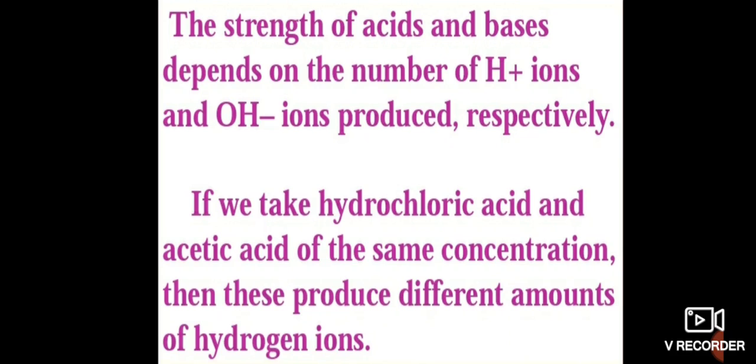The strength of acids and bases depends on the number of H plus ions and OH minus ions produced respectively. Dear children, if you take hydrochloric acid and acetic acid of the same concentration, then these produce different amounts of hydrogen ions.